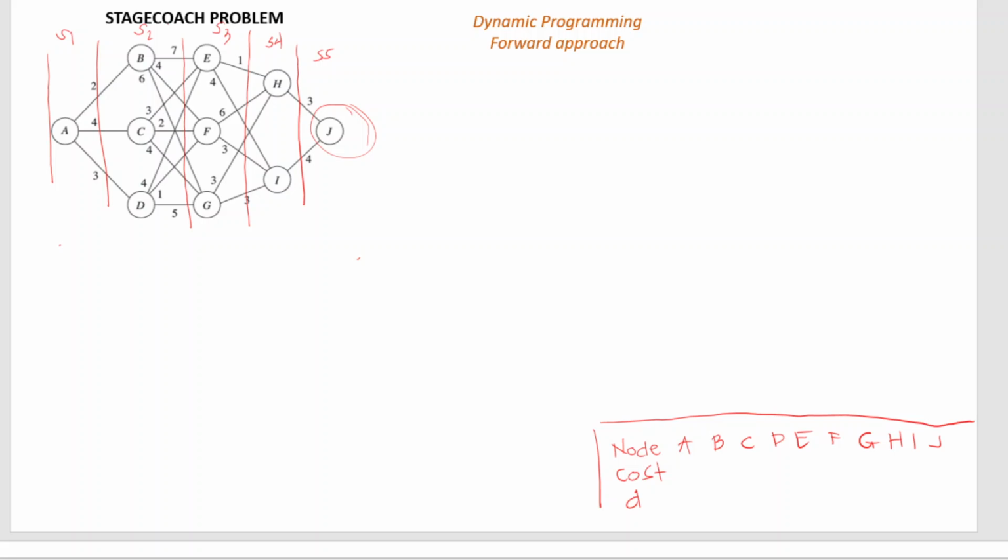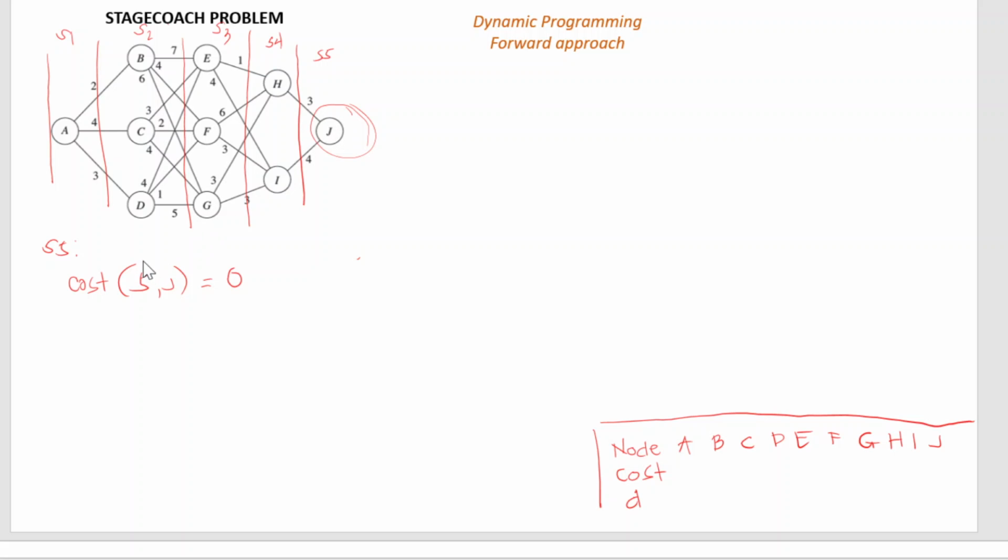Since we're doing a forward approach, we start with J, or stage 5. The cost for stage 5, node J, is equal to 0. Why 0, ma'am? Because there is no destination from it.